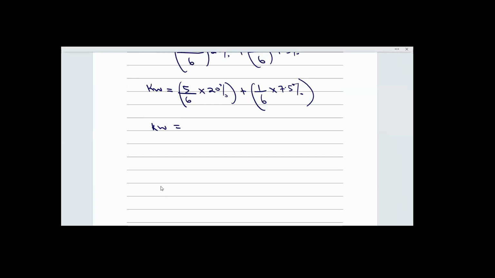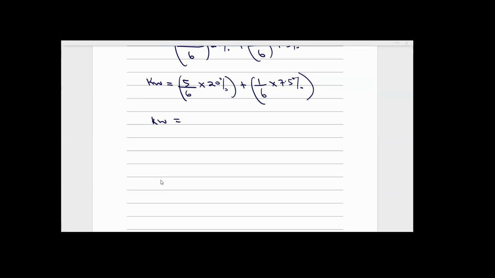Let's do it together. 5/6 multiplied by 20. Forget about the percentage by the side of 20, just put 20. This gives 16.67%.